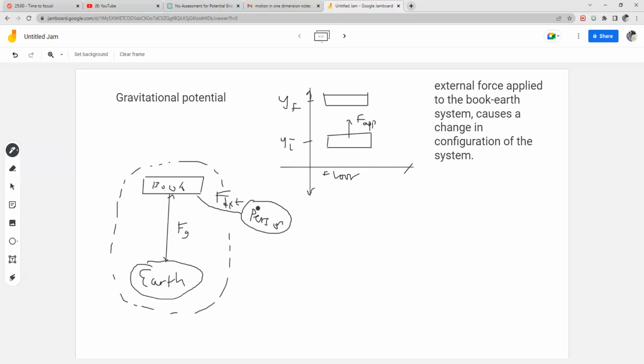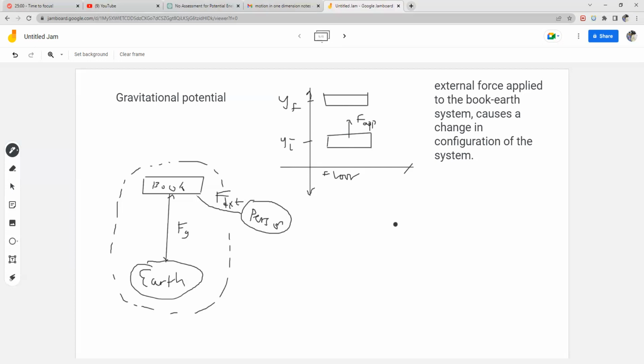Well, we can approximate the Earth to be stationary because it is so big compared to the book. But did the book make any motion? Yes. From y initial to y final, the book moved and there was kinetic energy during that process. But when the book is already at y final, it has no kinetic energy anymore because it is stationary.